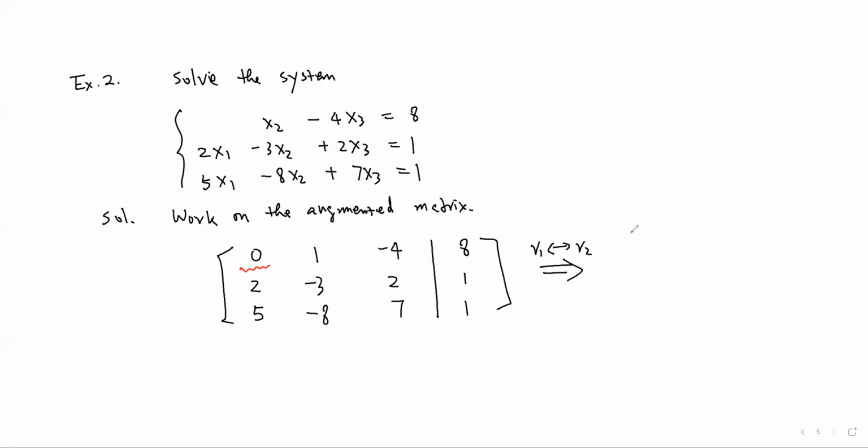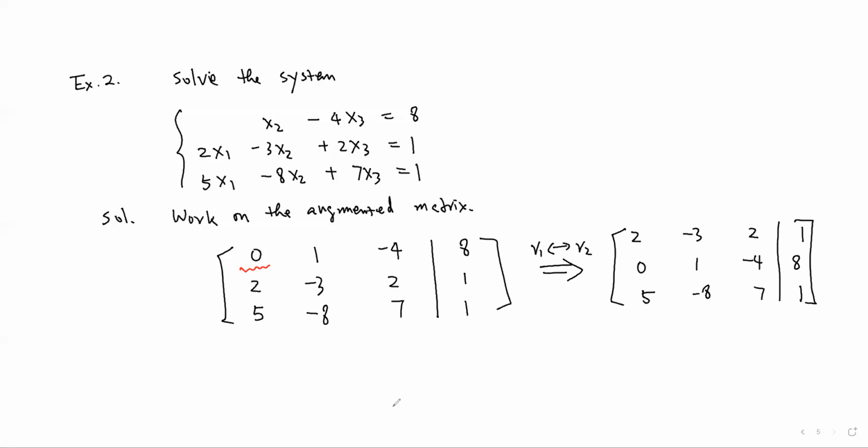Then I get 2, -3, 2, 1; 0, 1, -4, 8; 5, -8, 7, 1. Then separate the last column from the first 3 columns.